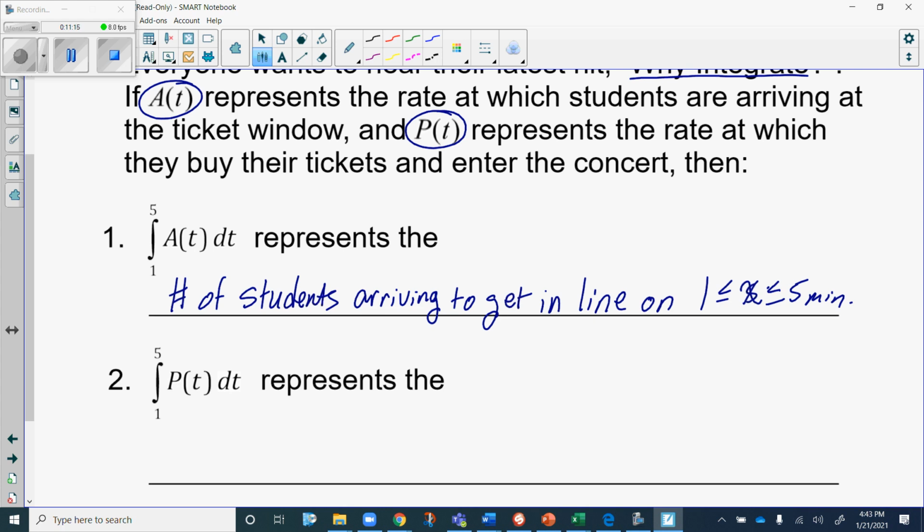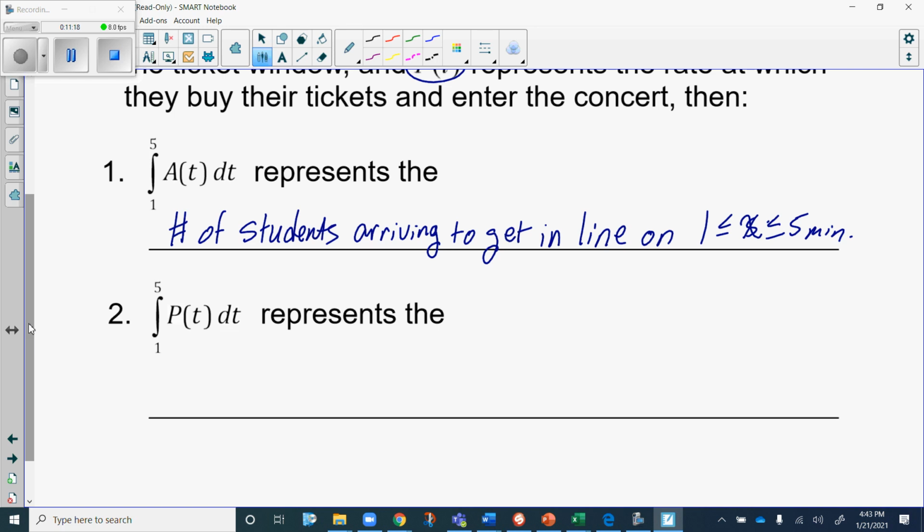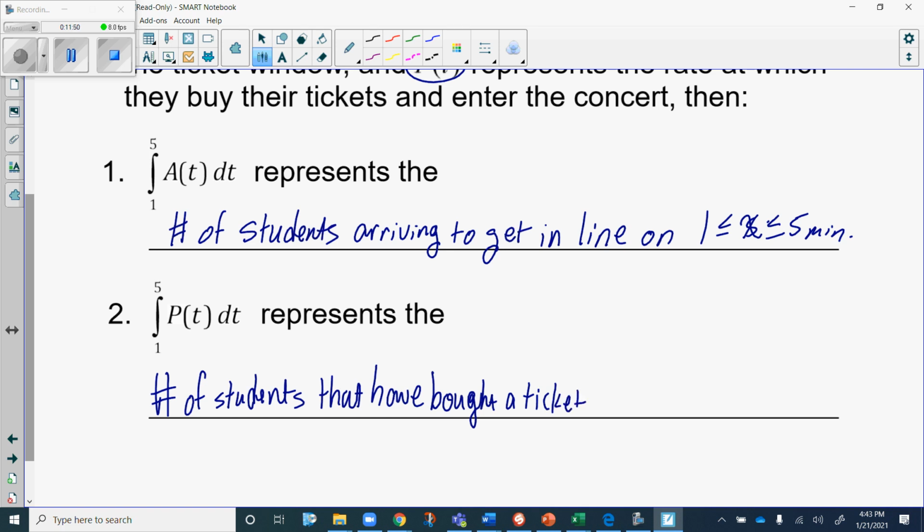Okay, well, if they buy their ticket, and I don't know who stands in line to buy a ticket anymore, but here P of t would represent the number of students who have bought their ticket after standing in line, and then leave the line, which makes sense.